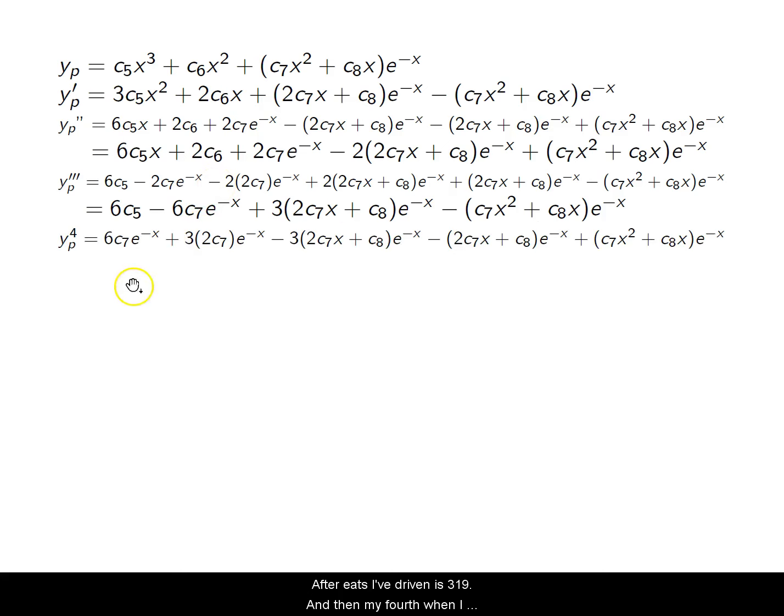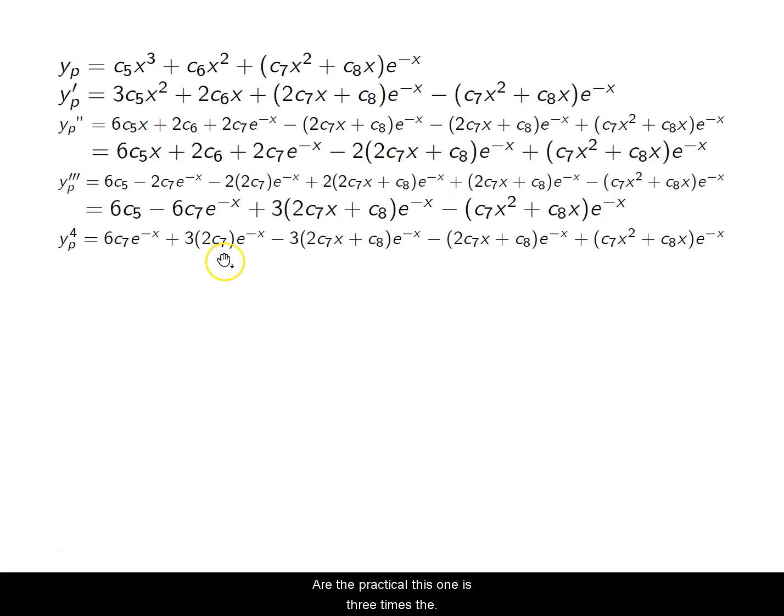And then my fourth one, I have the product rule again for quite a bit, right? So here it's just 6. Here, this is going to be, this constant goes away. This one goes here. The negatives cancel, that's why it's positive. These two are the product rule of this one, right?